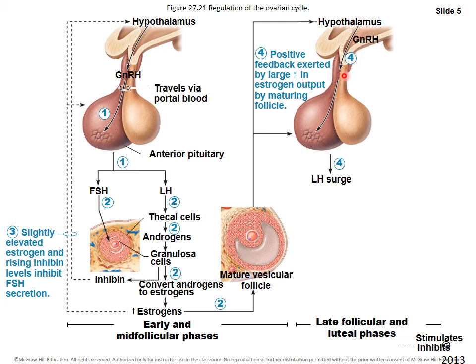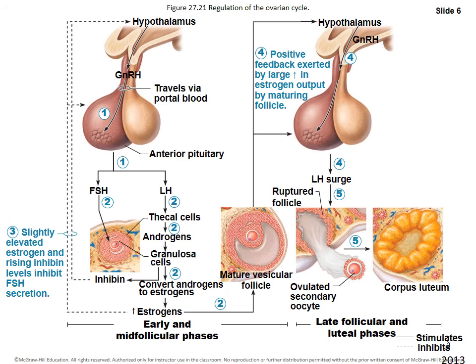its gonadotropin-releasing hormone, which stimulates the anterior pituitary to release its surge of luteinizing hormone, and to a lesser extent a surge in FSH, but it's really the luteinizing hormone surge that's important here, because what that leads to, remember, is ovulation. The surge in LH is what stimulates the ovulation event.